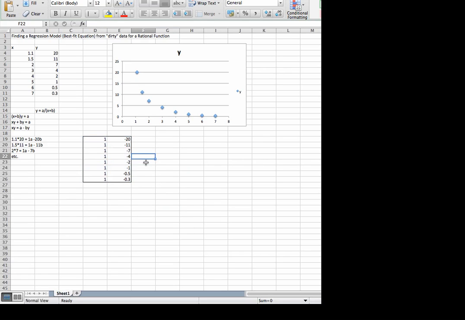Okay, now we've got our times sign and our variable matrix, which has an A and a B in it.